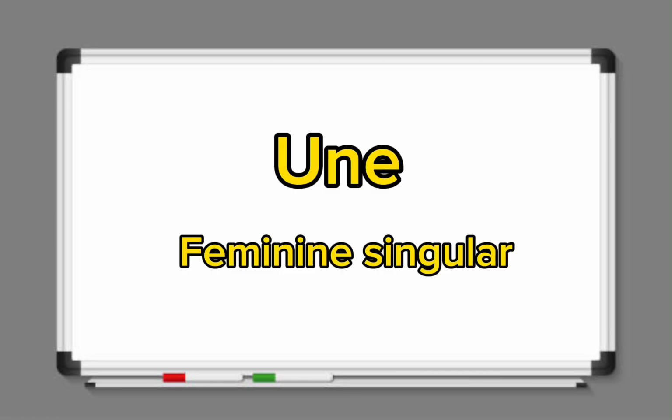Let's see the second article, une. We use une with feminine singular nouns. Here also, it doesn't matter whether the noun is living being or non-living being. We have to use une if the noun is feminine singular. Let's see some examples.